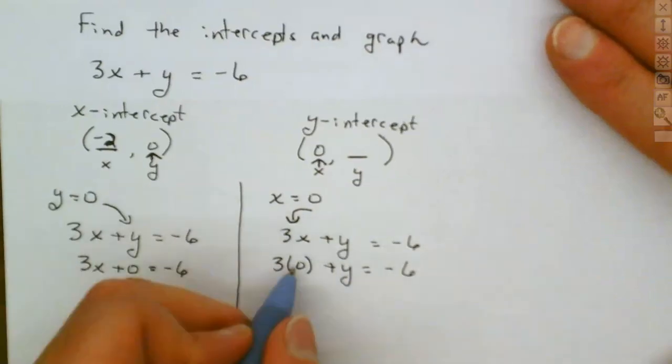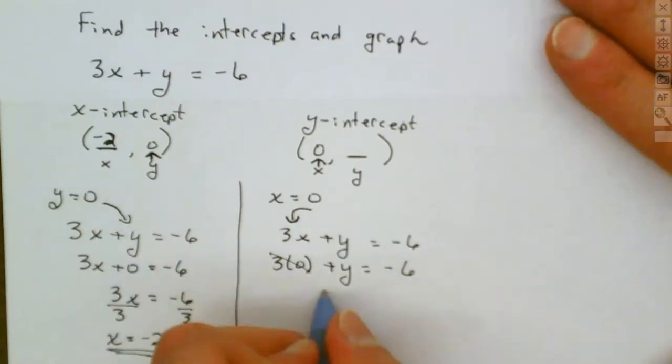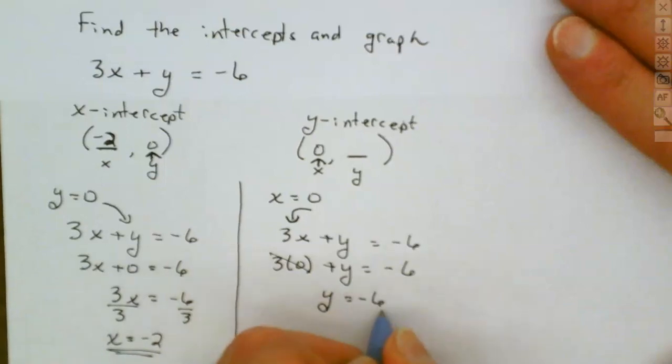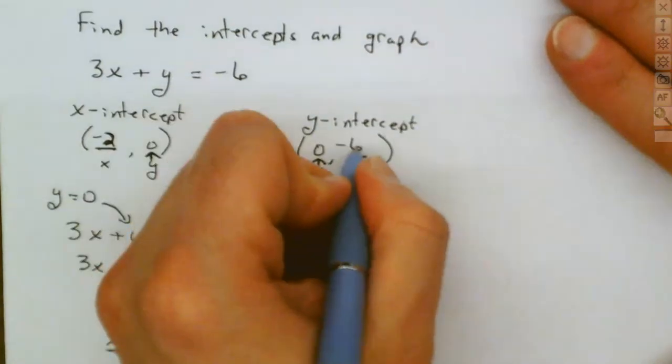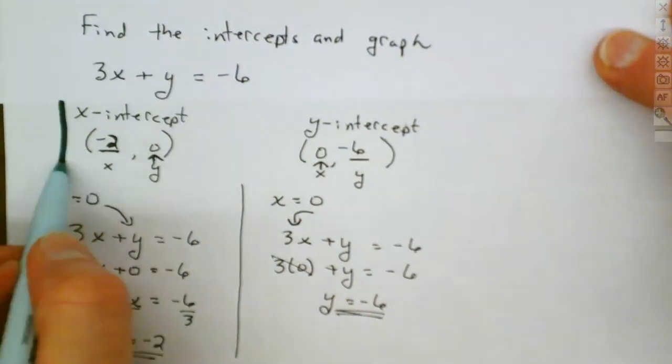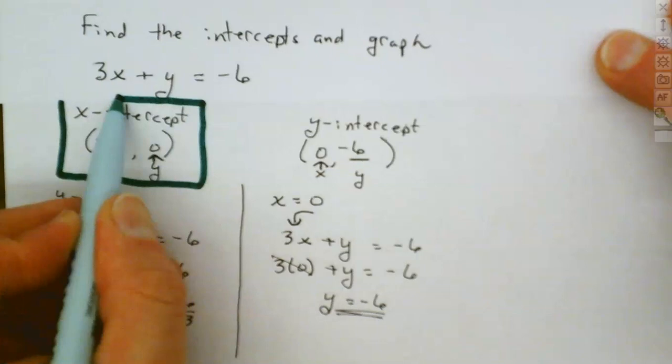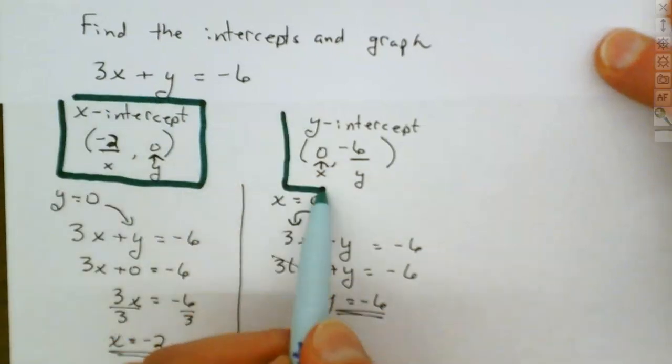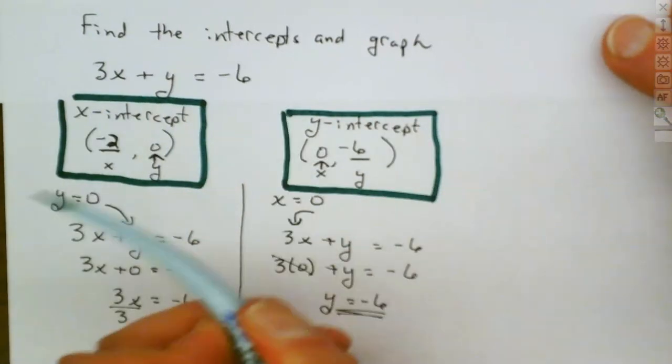And 3 times 0 is 0. And that leaves you then with y equals now a -6. So here are your intercepts. You've got an x-intercept and you have a y-intercept.